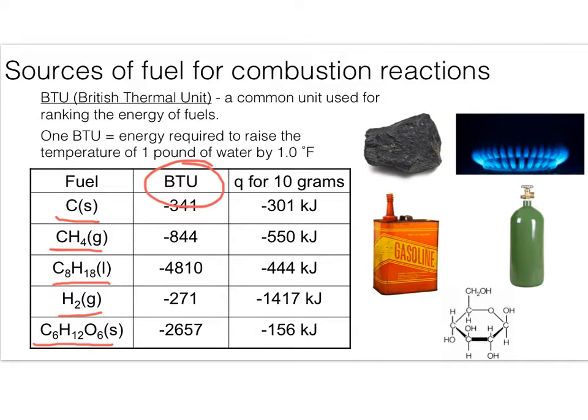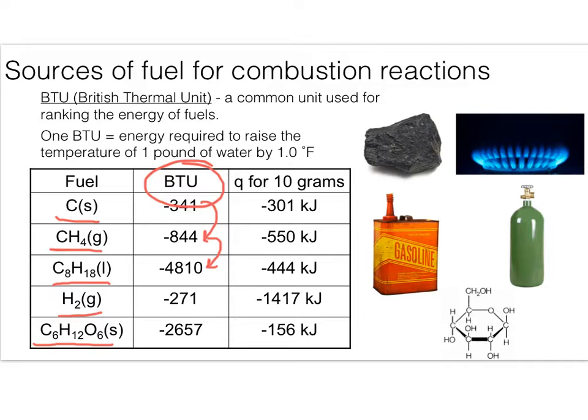If you look at just the energy in these objects, you see that if we compare coal to natural gas, natural gas actually has an advantage over coal, and then if we jump again from natural gas to gasoline, you can see that once again gasoline seems to have more energy in it.